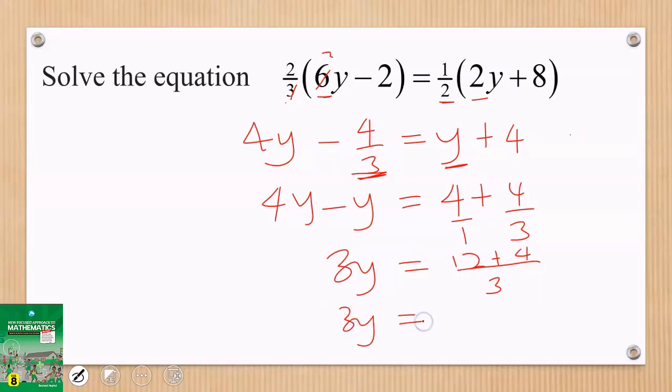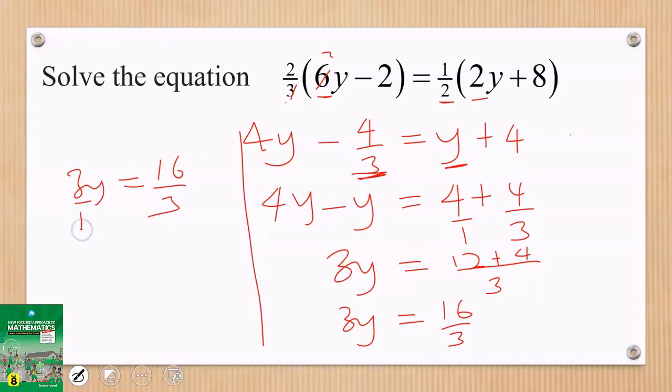3y is equal to 16 on 3. If I do cross multiplication, I have 9y is equal to 16. Dividing both sides by 9 will give us 16 over 9.